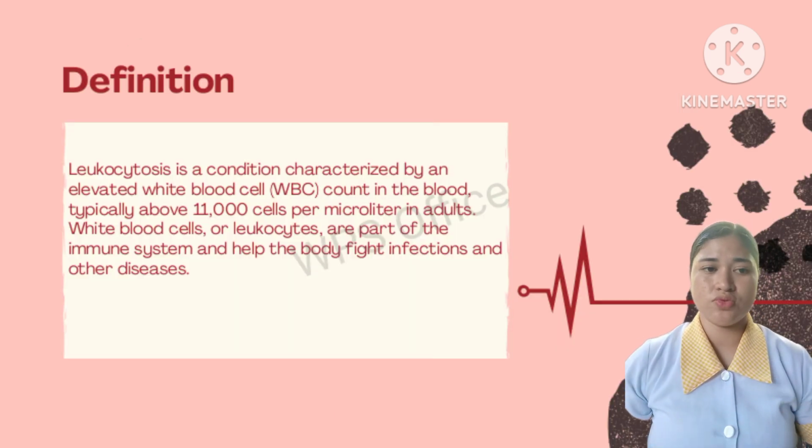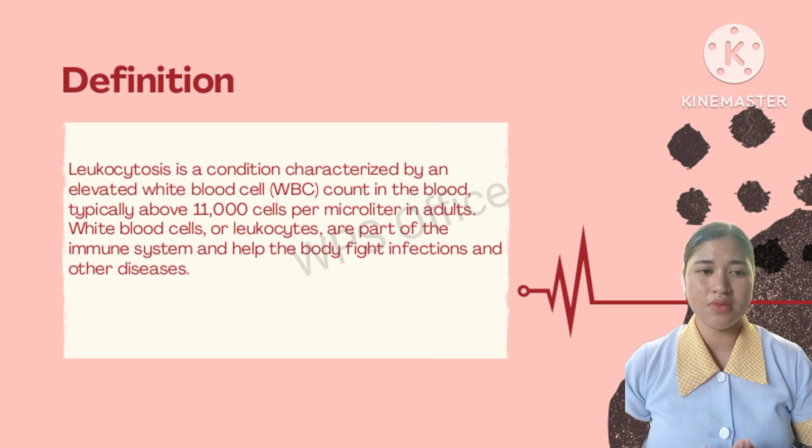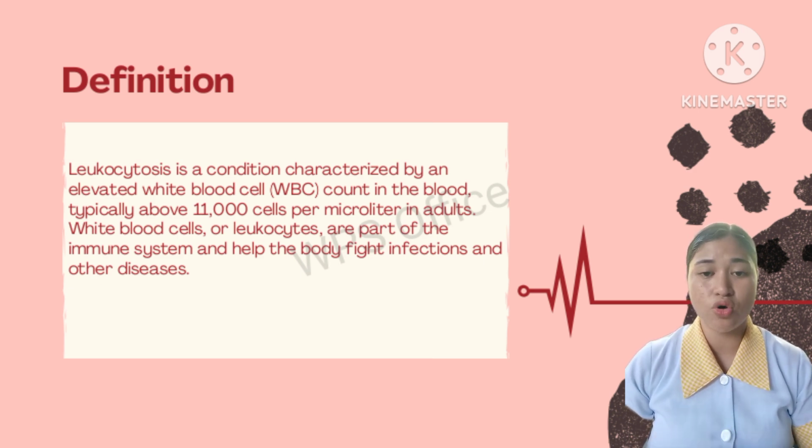So what is leukocytosis? It is a condition characterized by an elevated white blood cell or WBC count in the blood, typically above 11,000 cells per microliter in adults. White blood cells or leukocytes are part of the immune system and help the body fight infections and other diseases. So, when we say leukocytosis, ito ay isang kondisyon na dumadami ang WBC sa ating dugo or blood.